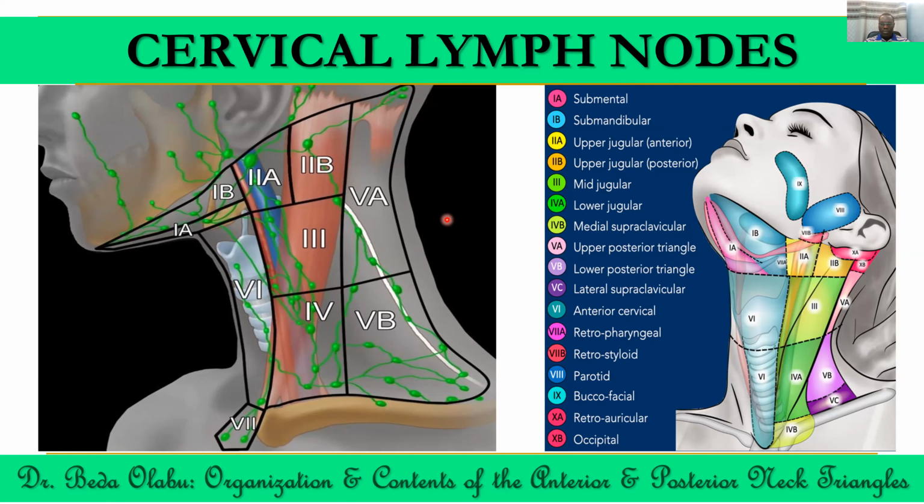Remember, level 1 is in the submental submandibular region. Level 2 is the upper jugular chain of deep cervical lymph nodes. Level 3 is the middle jugular chain of deep cervical lymph nodes. Level 4 is the lower jugular chain of deep cervical lymph nodes, as well as the medial aspect of supraclavicular nodes. Level 5 are the ones found in the posterior neck triangle.